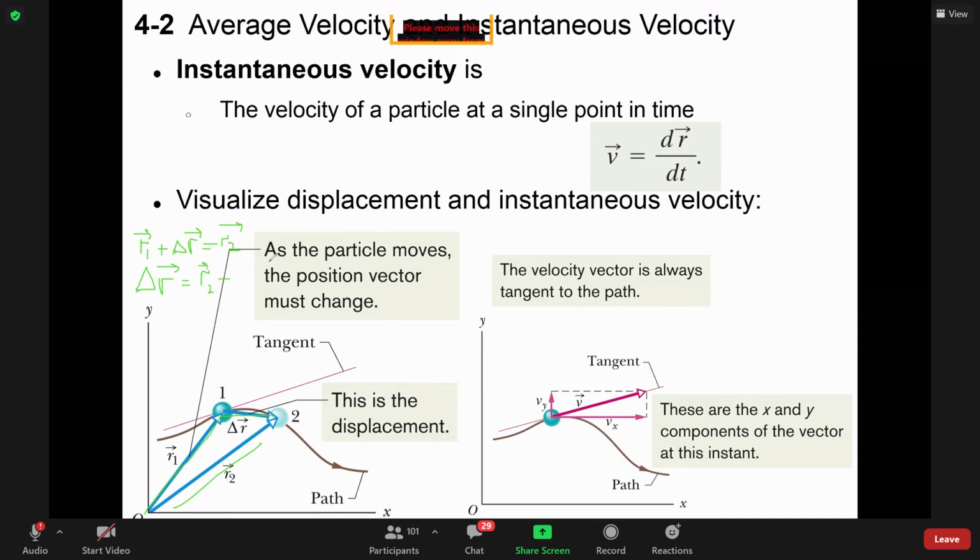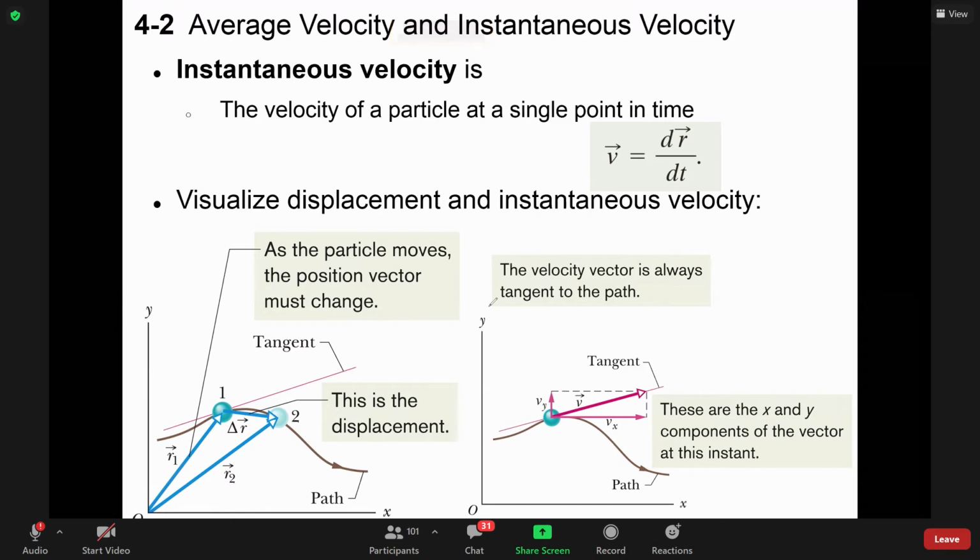This is the definition of the displacement. This is the correct graphical representation of the displacement.